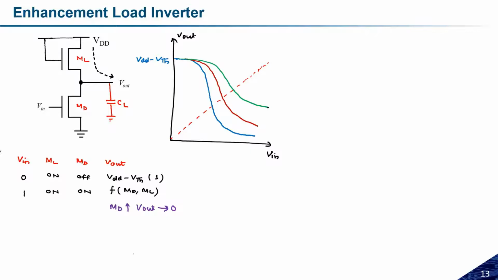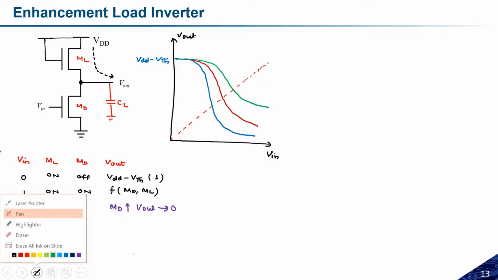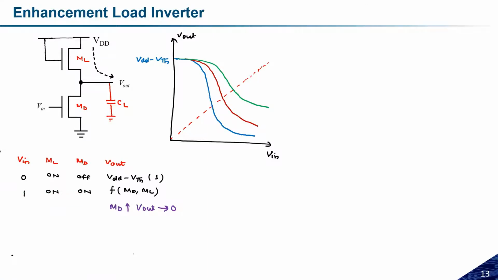Because if I'm increasing the size of MD, the resistance of this MD will reduce, and if the resistance of this MD will reduce, the voltage drop across this one will also reduce, meaning the output will be closer to the ground side or closer to the logic 0 side. So the important thing here is, if I am increasing the size of MD, this will shift in this direction.